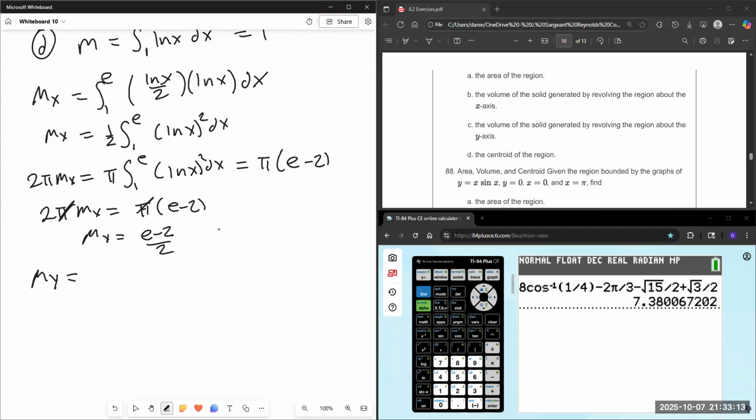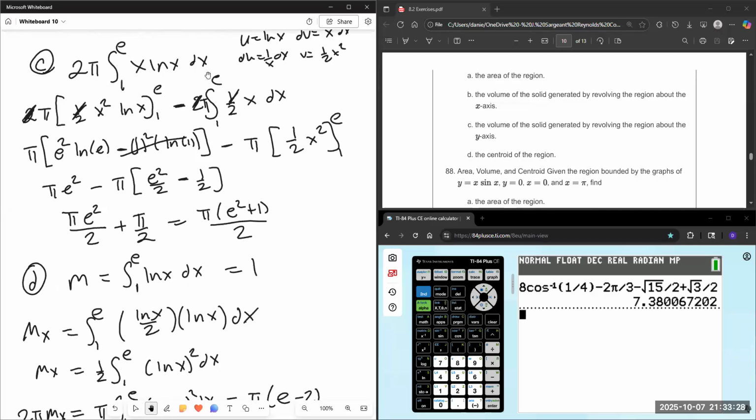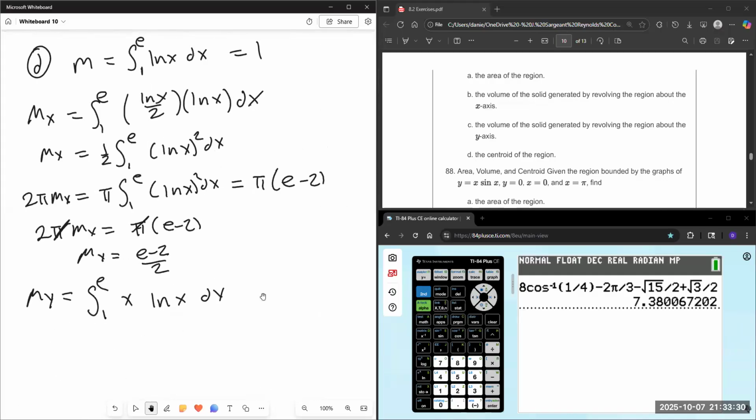My is going to be the integral from 1 to e of x ln of x dx. That's really close to what I had up here. I just had 2 pi in front of it.